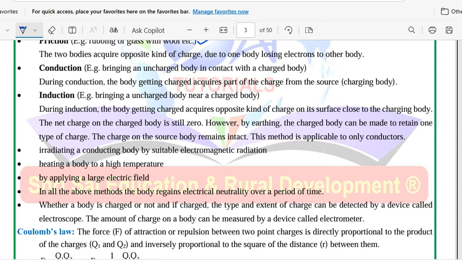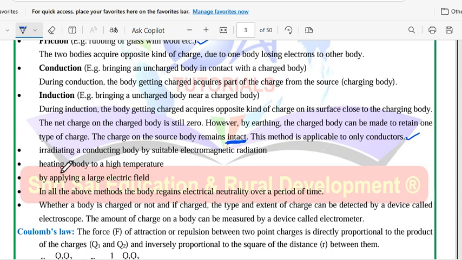However, by earthing, by touching with the fingers, the charged body can be made to retain one type of charge. The charge on the source body remains intact, without contact. This method is applicable only to conductors.